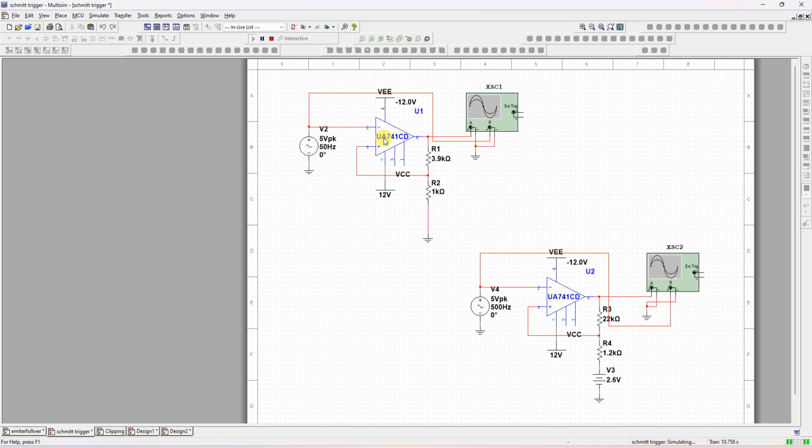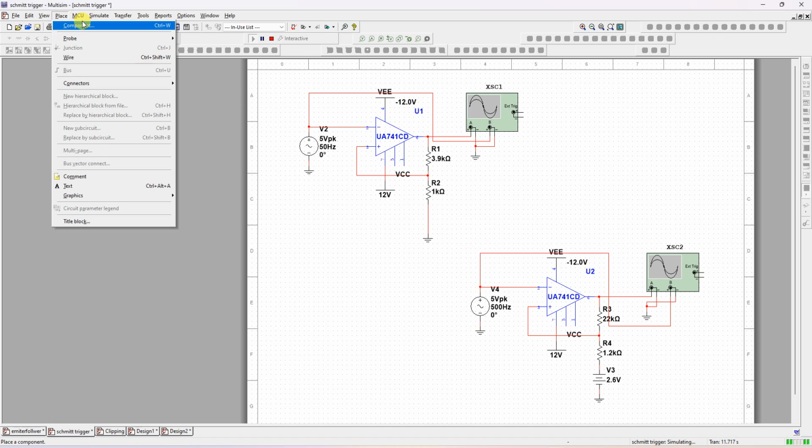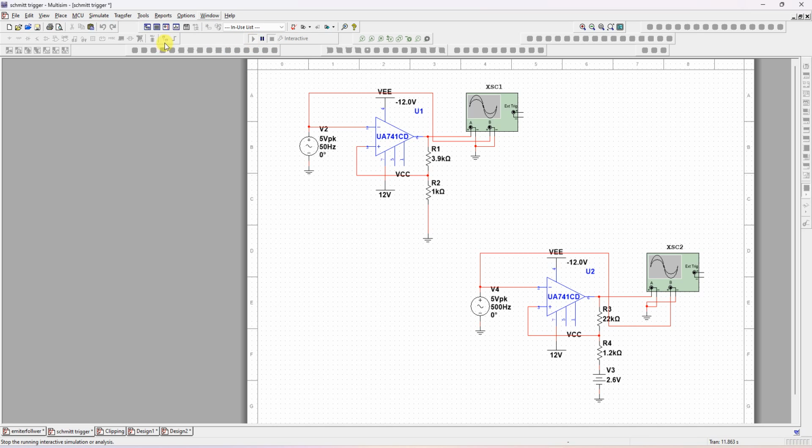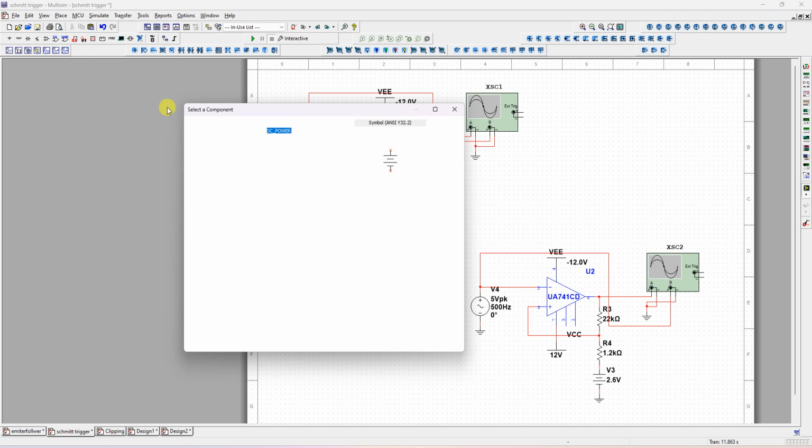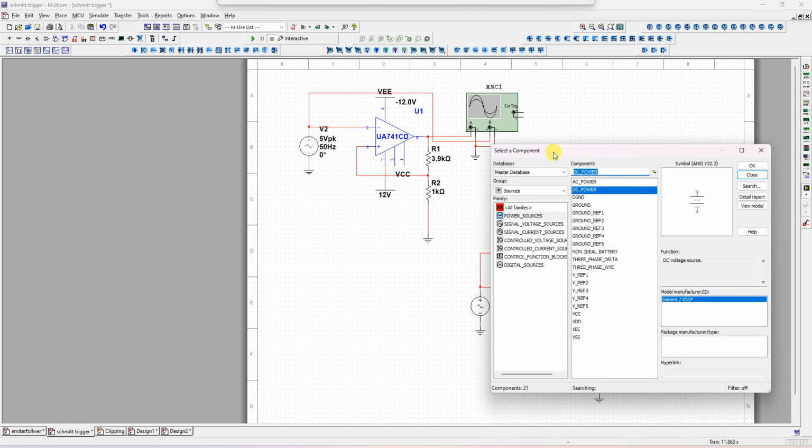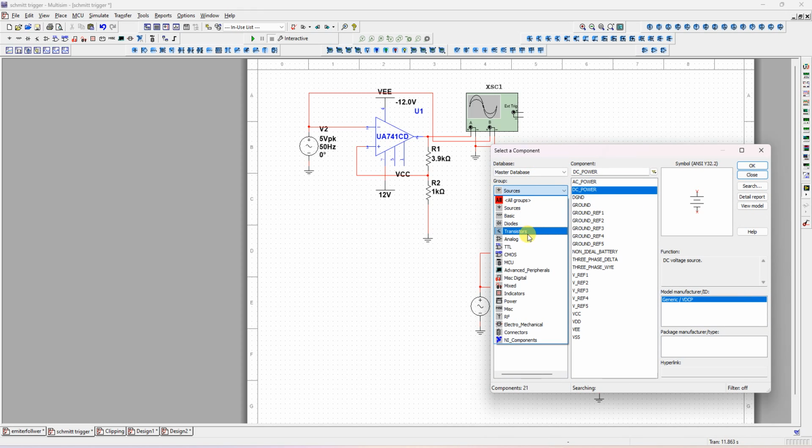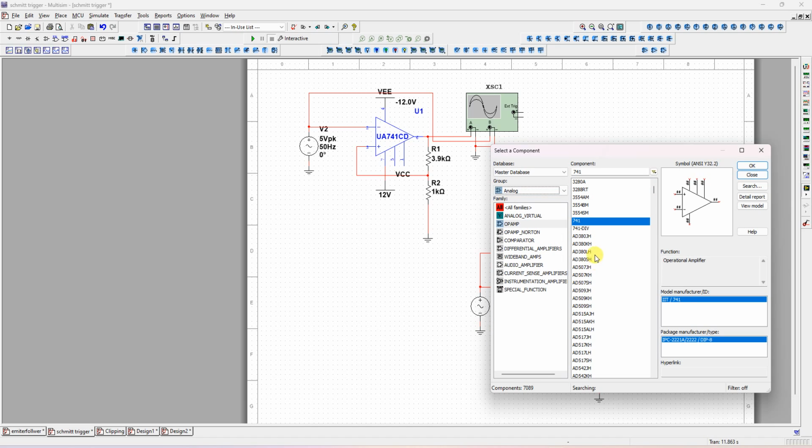Now this is the op-amp. You can choose any one. Either you can choose UA741 CD. Select place component. I'll show you one at least. You have to stop running, then place component. In the component, go to Opamp, analog 741.